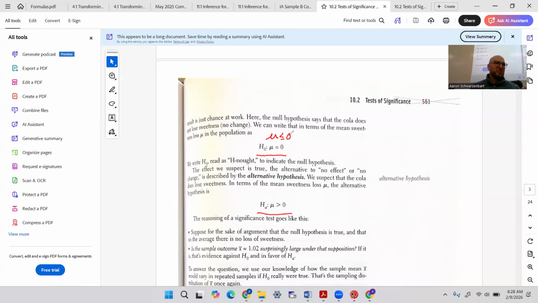Where we'll get to by Thursday is two sample. Okay, where we've got two independent samples and we compare them, and that usually means mu1 equals mu2. The key though is H naught is the no change case, or whatever we would assume it would be.